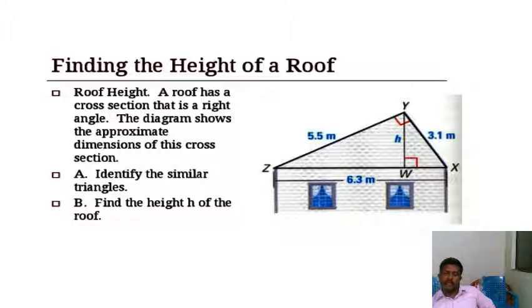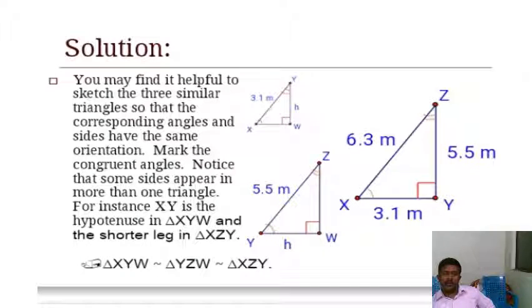We know very well that by using the geometric mean rule, these two triangles are similar to the main right angle triangle. You may find it helpful to sketch the three similar triangles so that the corresponding angles and sides have the same orientation. Mark the congruent angles. Notice that some sides appear in more than one triangle. For instance, XY is the hypotenuse in XYW and the shorter leg in XZY.